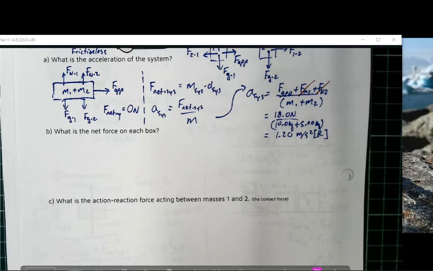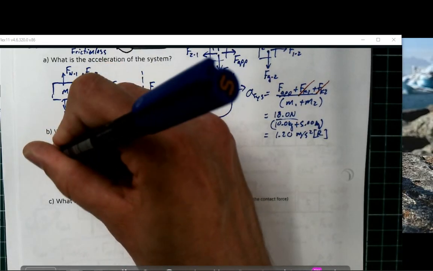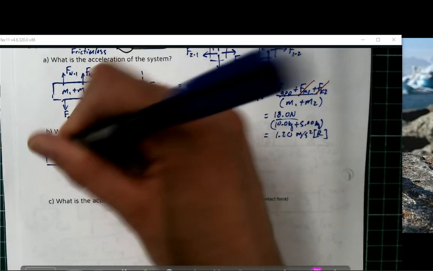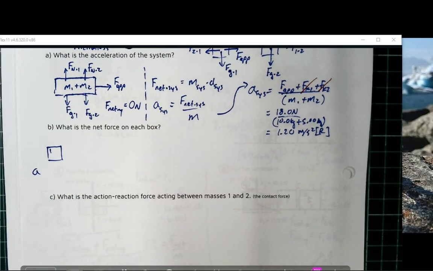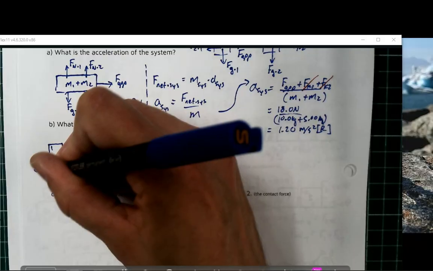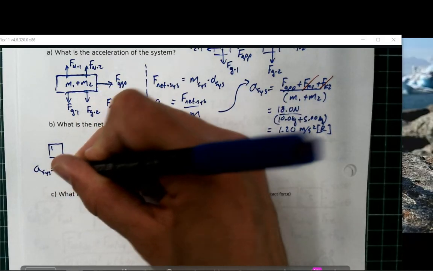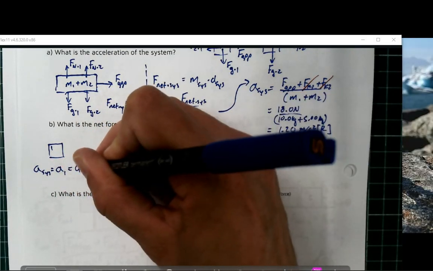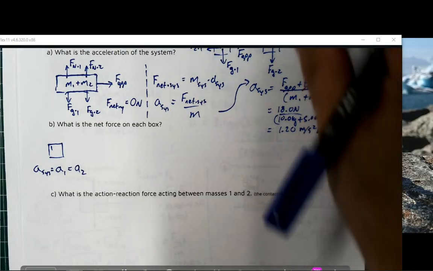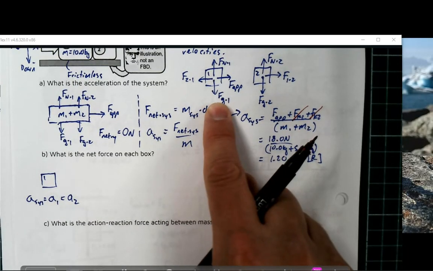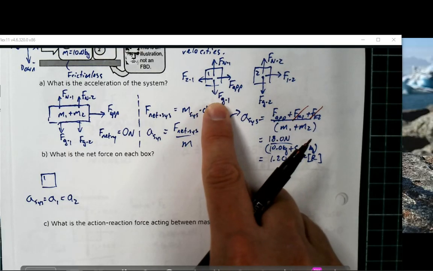Well, to talk about the net force on each box, we should really talk about them as individual boxes. Box 1, we said at the top, this is a rigid system. So the acceleration of the system, whatever that may be, is equal to acceleration 1, and that's equal to acceleration 2. And if I think about the free body diagram for box 1, here I've still got it on screen. This is the free body diagram for box 1.